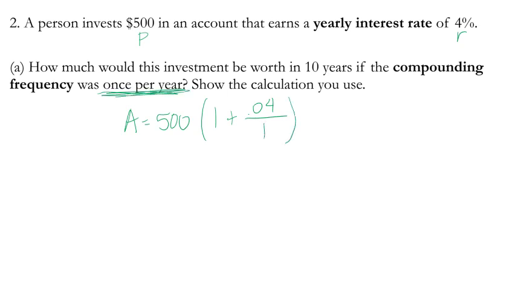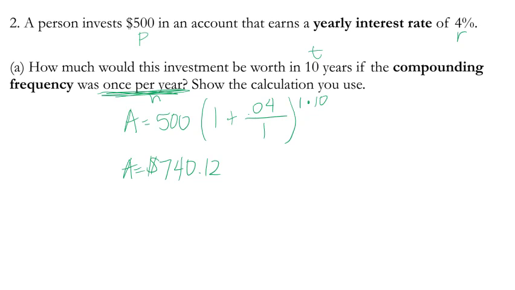So this would be divided by 1, to the n, which is 1, times t. T would be 10. Okay, if we plug this into our calculator, we would end up with A is equal to $740.12. So you made $240 by just putting your money in an account that earned some interest rate.